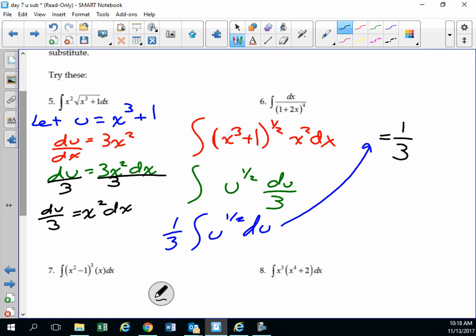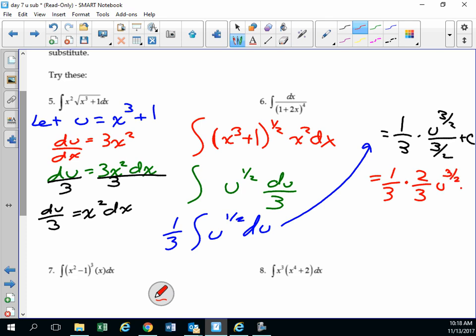Integration of u to the 1/2 is u to the 3/2 over 3/2, which is 2u to the 3/2 over 3. Dividing by 3/2 is the same thing as multiplying by 2/3.